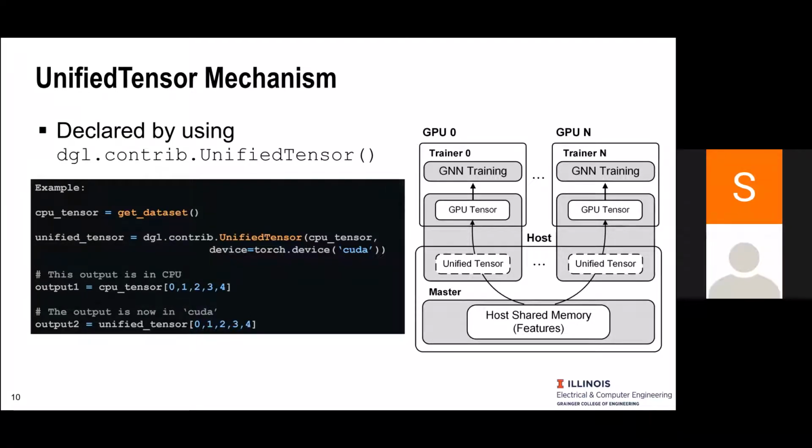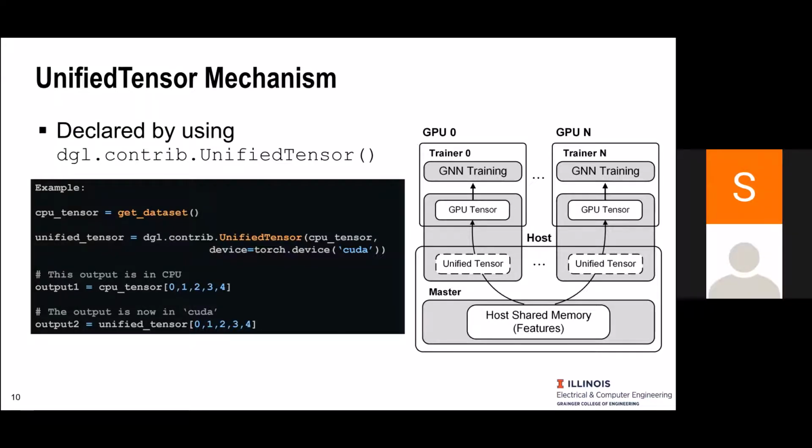With the returned unified tensor, let's compare the CPU tensor operation and the unified tensor. For the CPU tensor, let's say you pass some indices, something like 0, 1, 2, 3, 4. Then the output, of course, will be the rows 0 through 4 of the CPU tensor, and this will be located in the CPU as well. But with the unified tensor, you can pass indices identical to the CPU tensor, like 0, 1, 2, 3, 4.